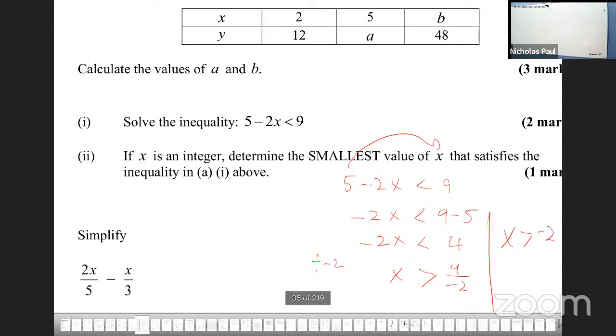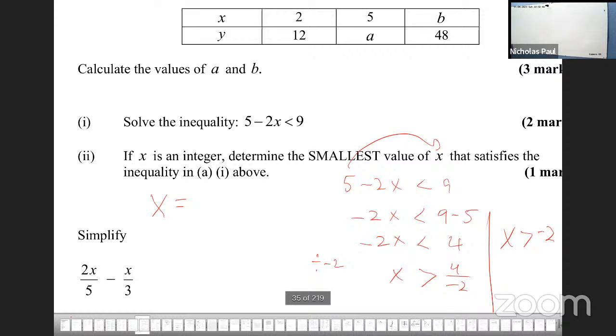What is the smallest integer more than minus 2? What's the answer? Let's see what Devana got. Devana, what did you get?